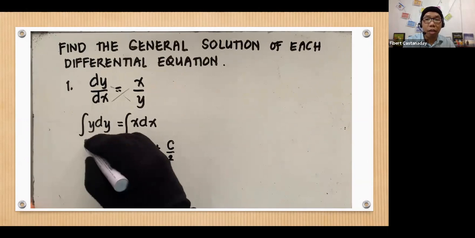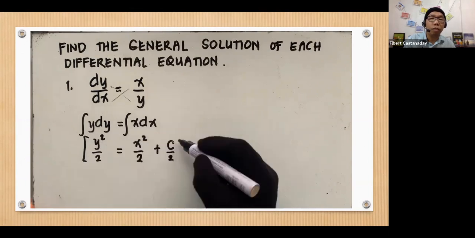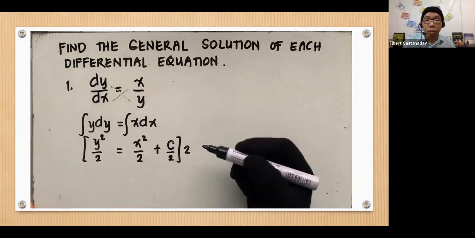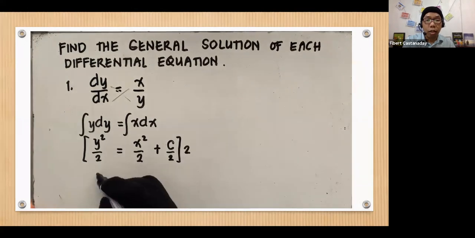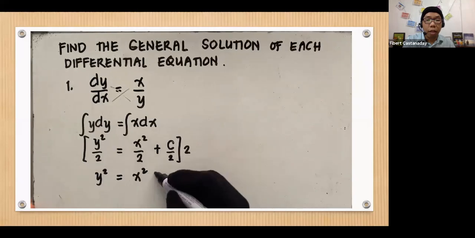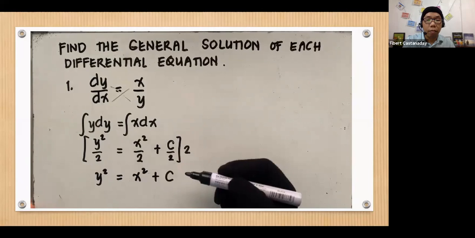So c could be ln of c, c over 2, 2c. Now we multiply both sides of the equation by 2, since we are after simplifying the solution. Now we have y squared equals x squared plus c.